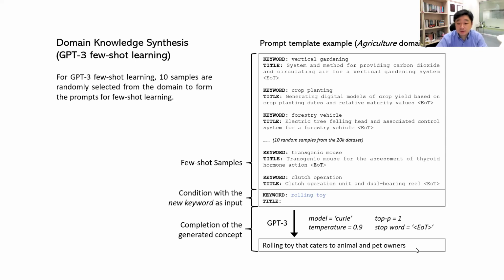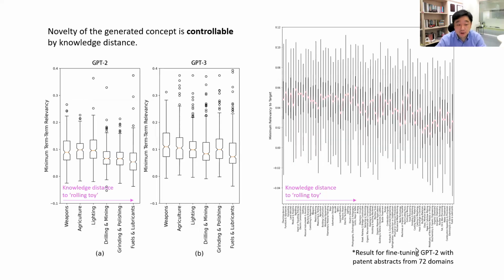So with the 10 examples, GPT-3 actually learned about this logic very well. And also when we provided this new condition, which is a keyword rolling toy, GPT-3 generated many novel and meaningful concepts only after few-shot learning with 10 samples.